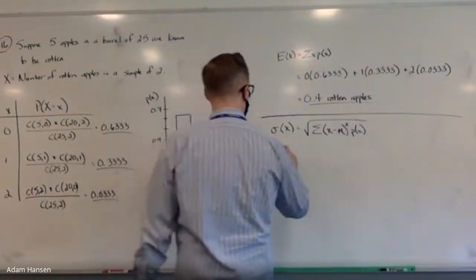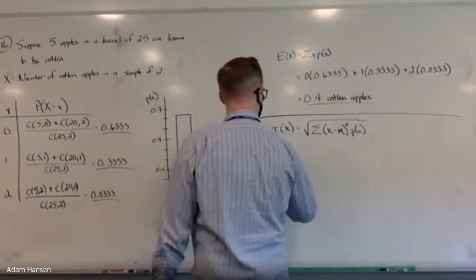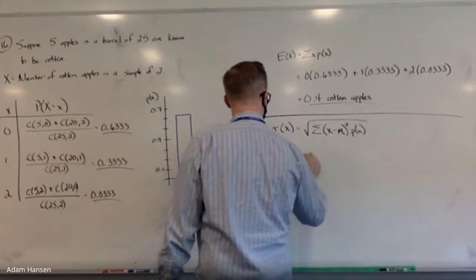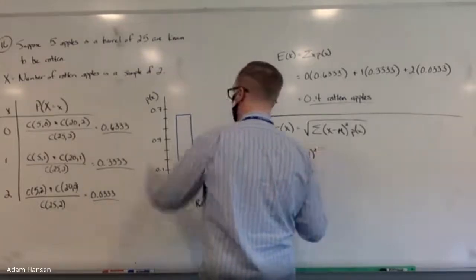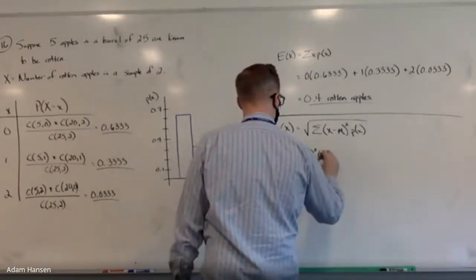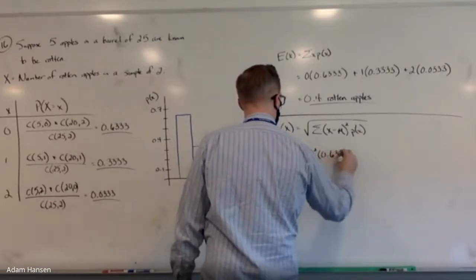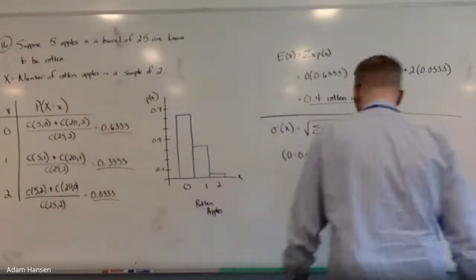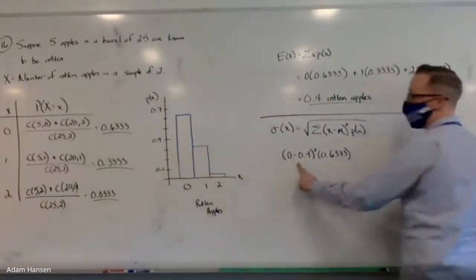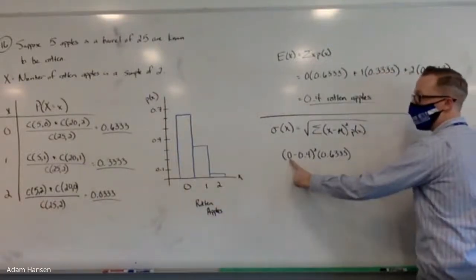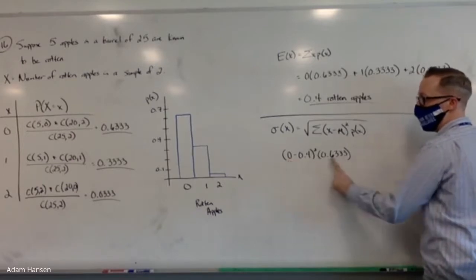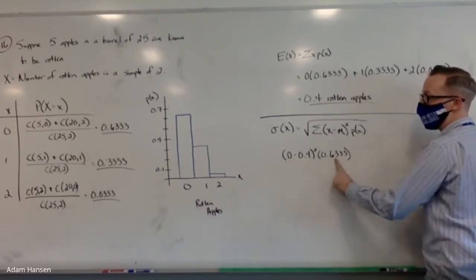So let's do this first part. 0 minus 0.4 squared times 0.6333. There's one possible variability. I could have pulled out no rotten apples. That is 0.4 rotten apples less than I would have expected, and that happens 63.3% of the time.